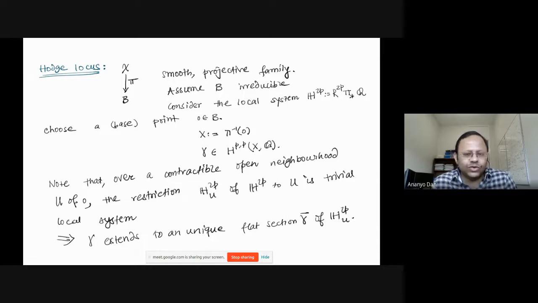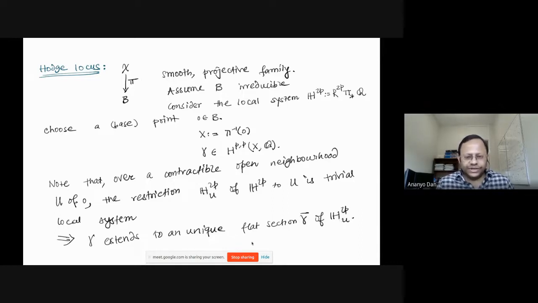If you remove this word flat, you will no longer get uniqueness. But as soon as you restrict to flatness, because a flat section is determined by its fiber at a point, this gamma that you have on the HPP of X extends uniquely to a flat section on this whole local system on this small open neighborhood.